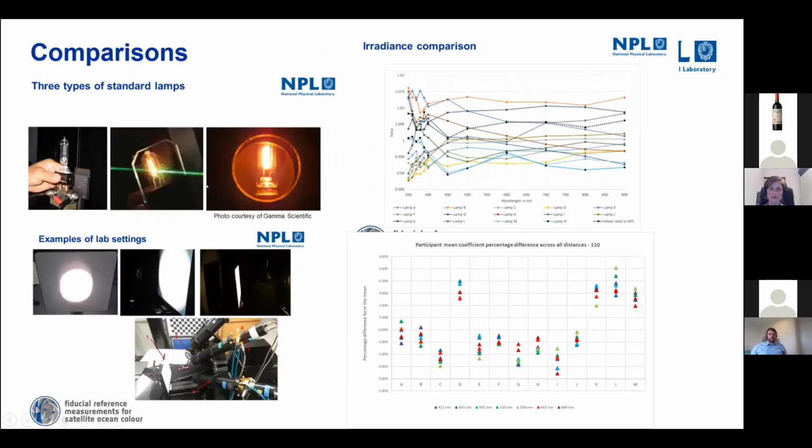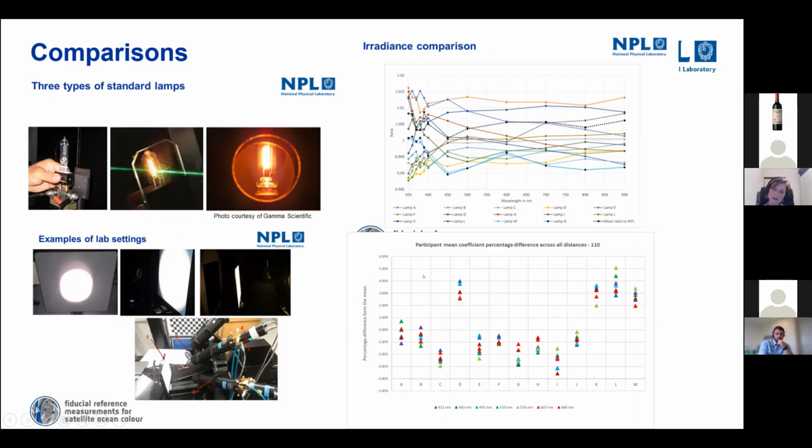We ran those comparisons in the lab and in situ. The lab was obviously a little bit easier, but still, in the lab for irradiance, we didn't see many problems. It seems to be easier, but our radiance comparison showed that we had several participants with uncertainty much higher than expected. We would expect to have radiance uncertainty at around 2.5 to 3%, but some of the participants had results much different from the main group.